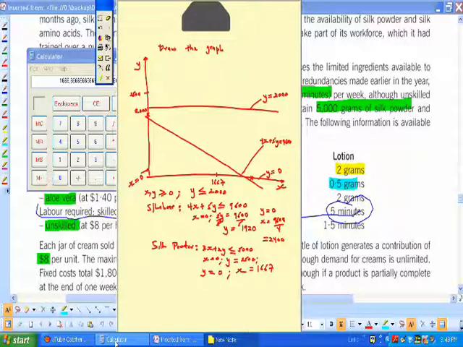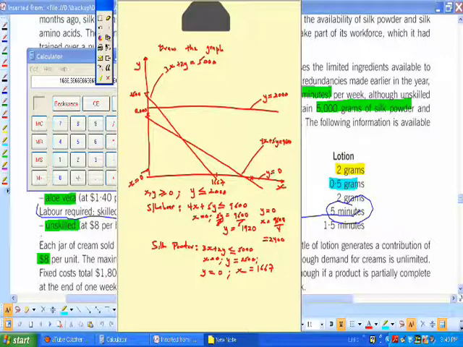Okay, so when I join these 2 points, that is the line 3x plus 2y is equal to 5,000. So finally we have the line for silk powder.